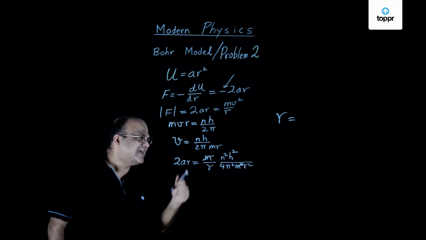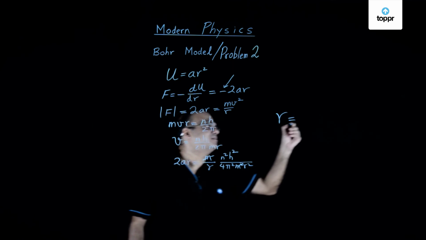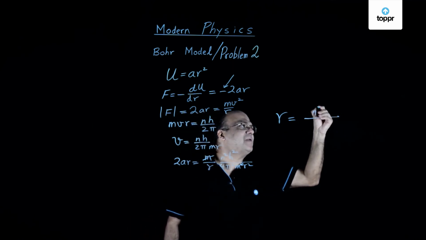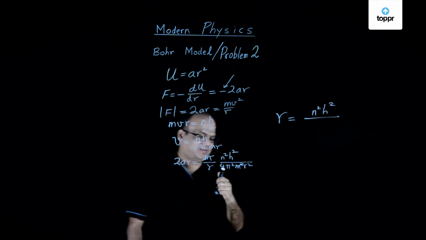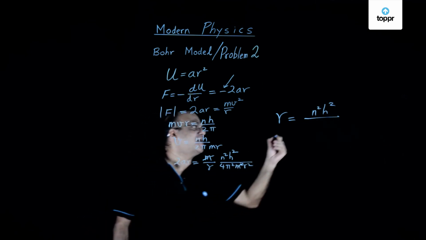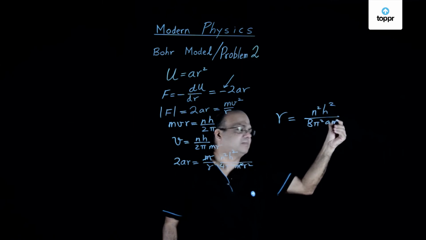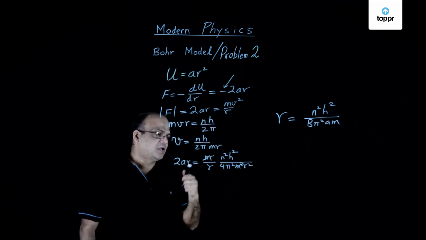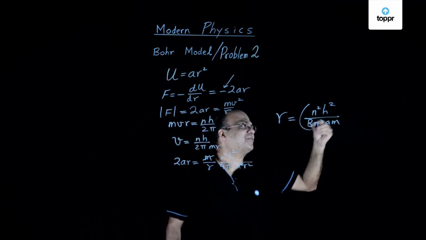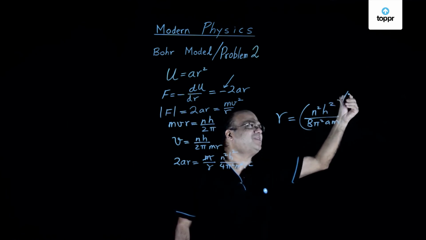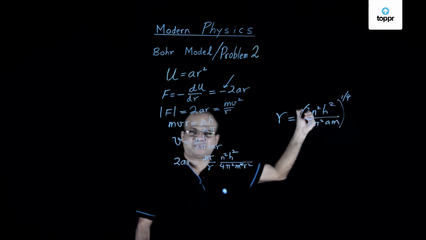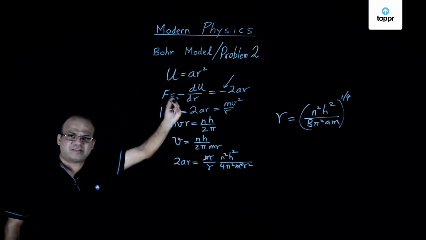So what do you get? n squared h squared by 8, right? 4 into 2, 8, pi squared A m, whole to the power 1 by 4. So this is the answer to this question. A particle was moving in a circular orbit.